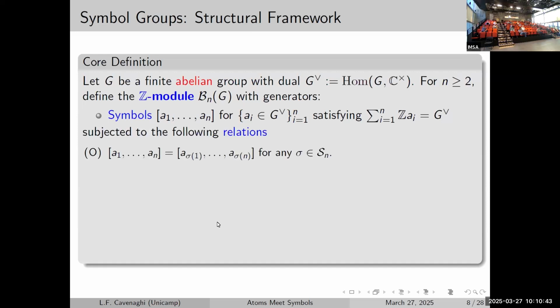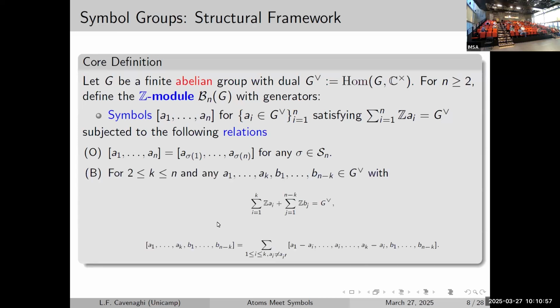Now we're going to use relations on this. The first one is that you want this choice of n-tuples not to matter when you deal with permutations of the possible characters. And there is already one combinatorial formula that relates to the choice of generators of the character group, and then some manipulations and summation.